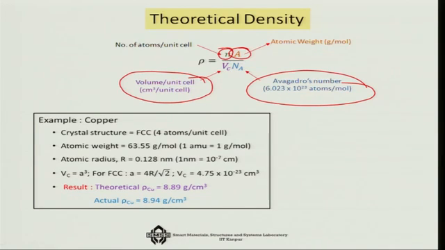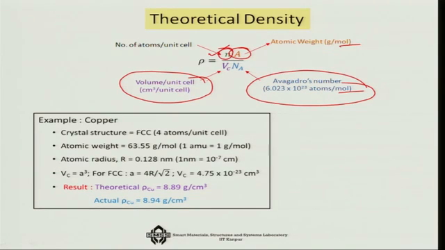So, mole and mole get cancelled, and what you get is gram per atom, the weight of each individual atom. Now, you multiply the number of atoms by the weight of each individual atom, and you get the total weight of the system, and with the volume, you should be able to calculate the density of the system.